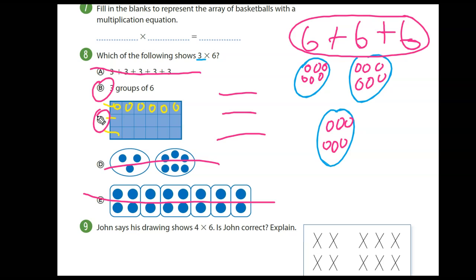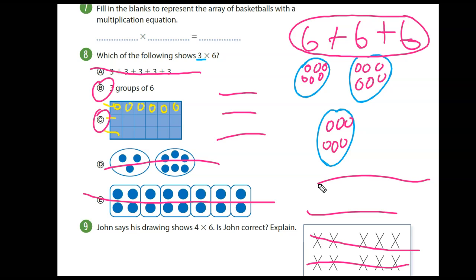What would he need if he was going to do an array? 2 more rows. Okay, you're right. Right now he only has 2 rows, so he would need 2 more. And how many in each row? 6. He would need 2 more rows of 6.